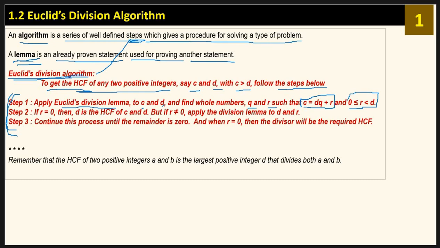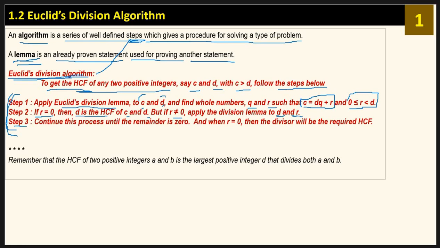Step 2 is, if the remainder r is equal to 0, then d will be the H.C.F of c and d. But if r is not equal to 0, then we will apply the division lemma again to d and r. So these two are different. Earlier we applied the lemma to c and d, but now we shall apply it to d and r.